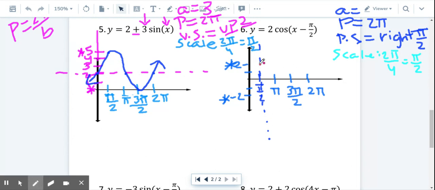So it is going to go right here. So don't forget that if you have a shift left or right, you don't start here, you start over however many your shift is. So maximum and then to 0 to minimum to 0 or intercept.